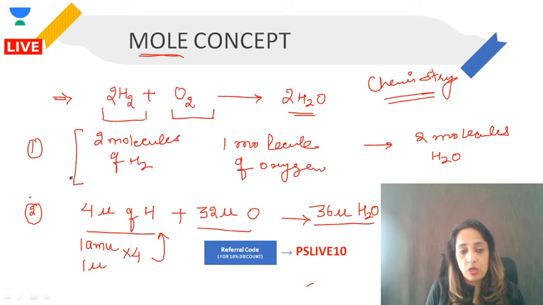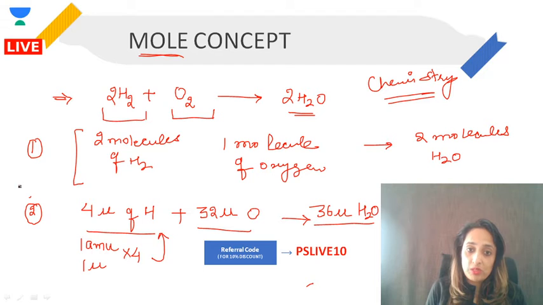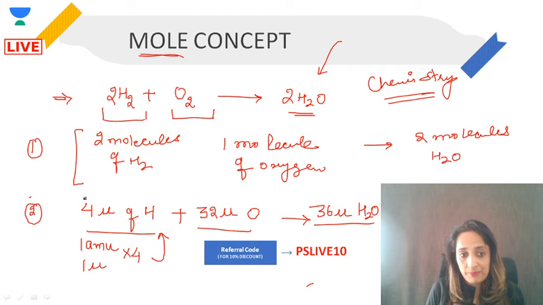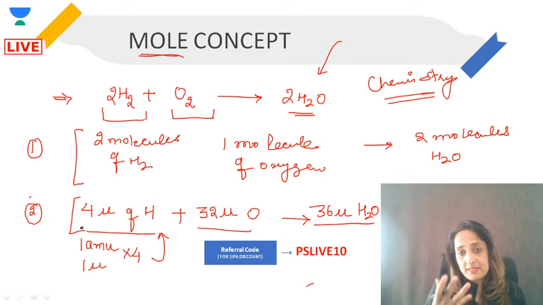One, you talk in terms of how many molecules or atoms of a particular element react with another one to give you a product. Or you can talk about the same in their atomic mass units, which means in their masses, how much the mass is.